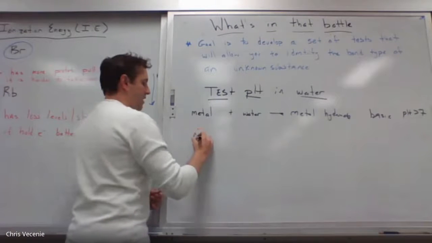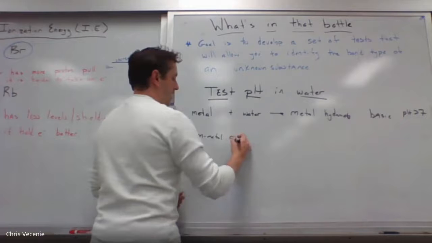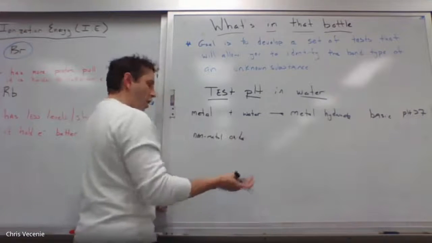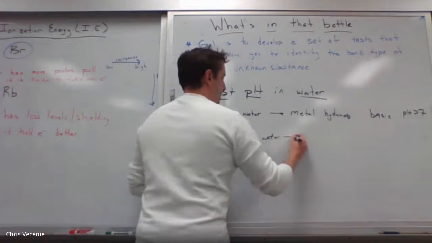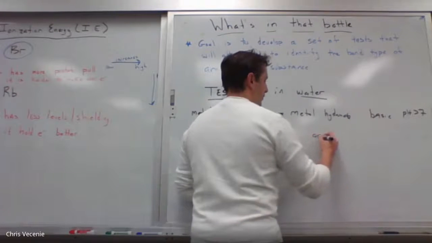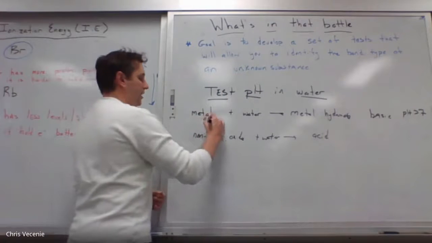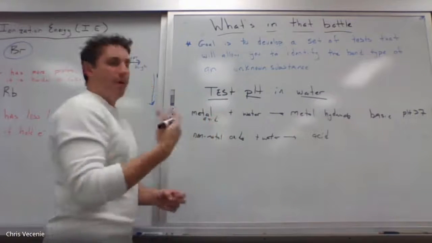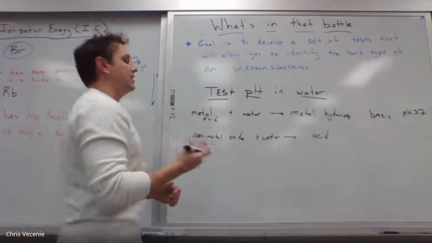If I take a non-metal oxide or a non-metal plus water, these substances are going to form acids. All right, so metal oxide or a metal plus water gets me a metal hydroxide. A non-metal oxide plus water gets me an acid.